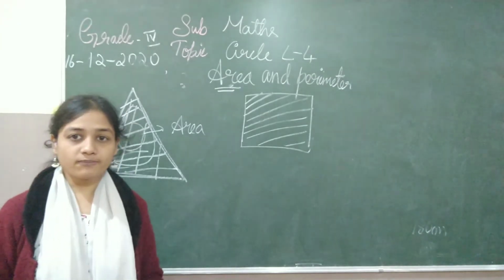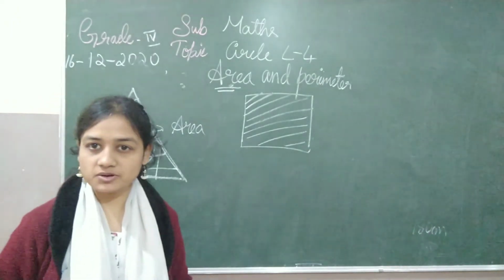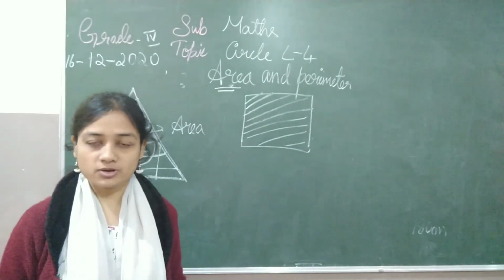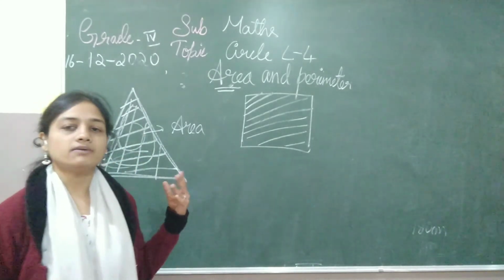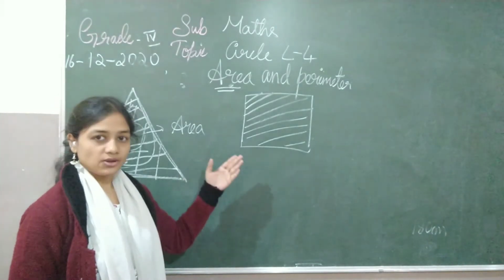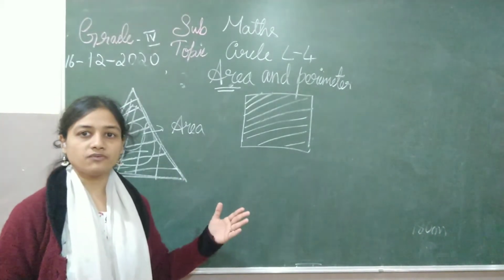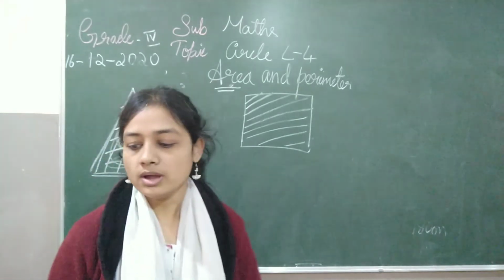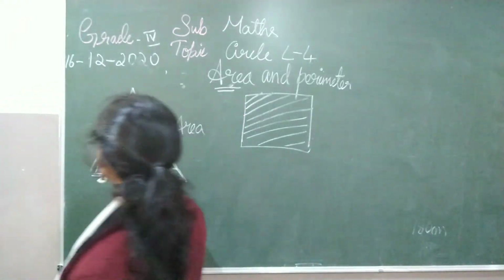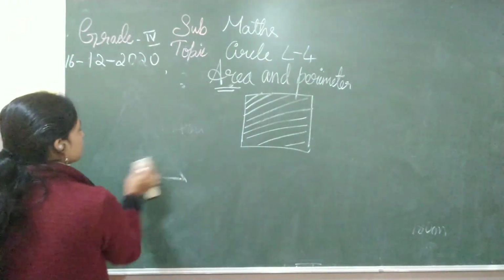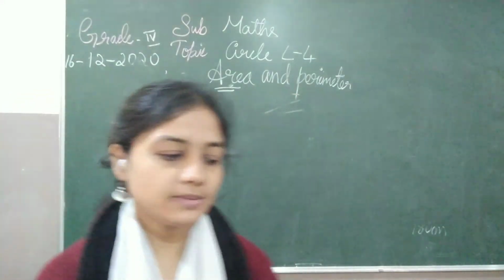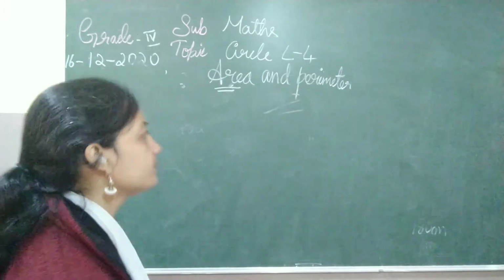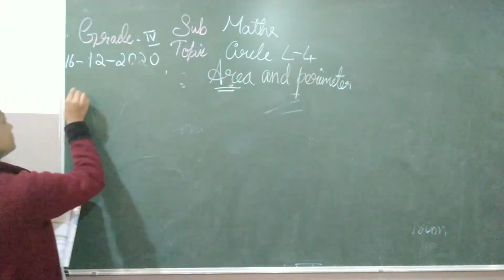Just like how you have formulas to find the perimeter of a square and perimeter of a rectangle, similarly you have formulas to find the area of a square and also the area of a rectangle. I will be using them for the exercise now. First let me say what the formulas are.